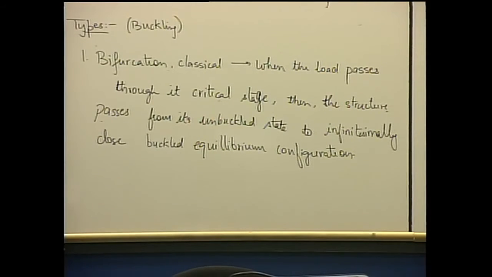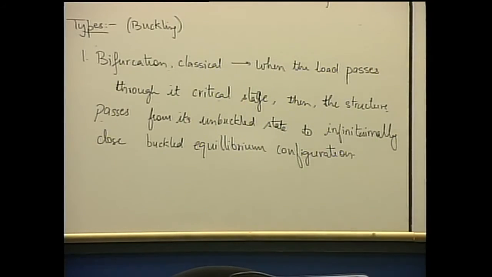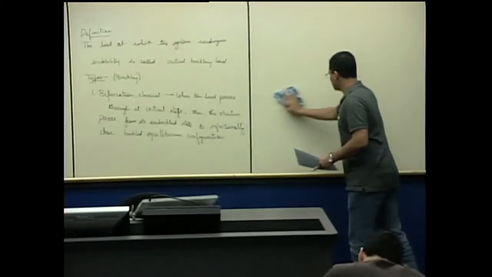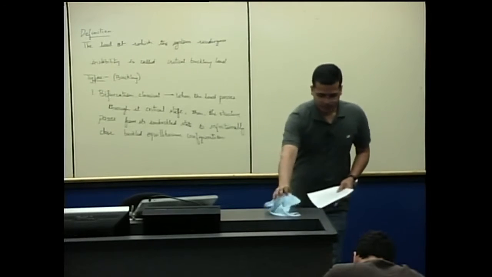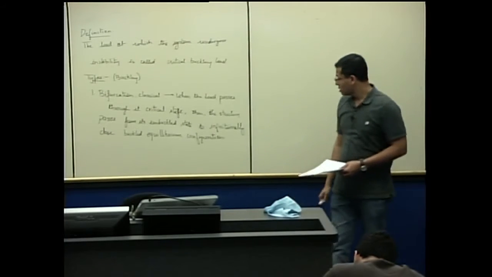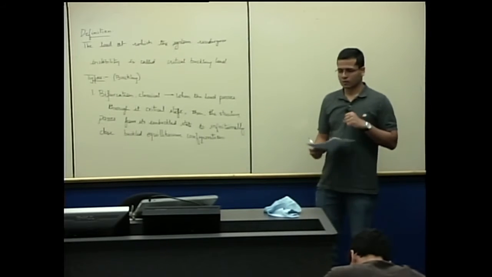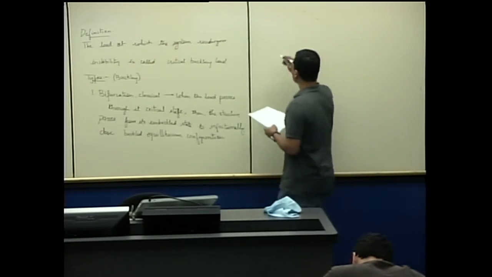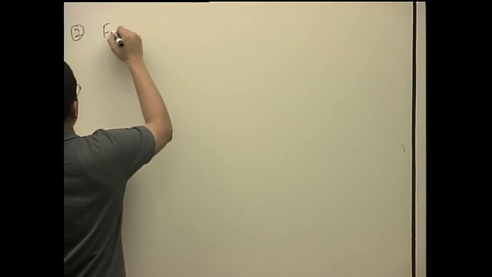So one of them is bifurcation, as I showed, that when the load passes through its critical stage, then the structure passes from its unbuckled equilibrium state to an infinitesimally close buckled equilibrium configuration. Okay. Then we have the second one as finite disturbance.